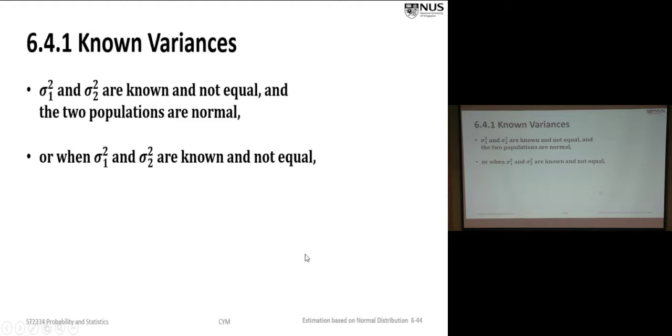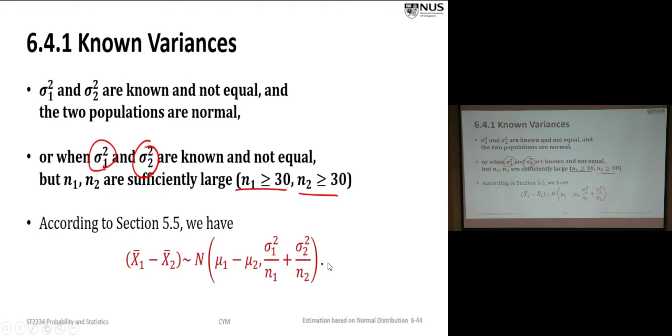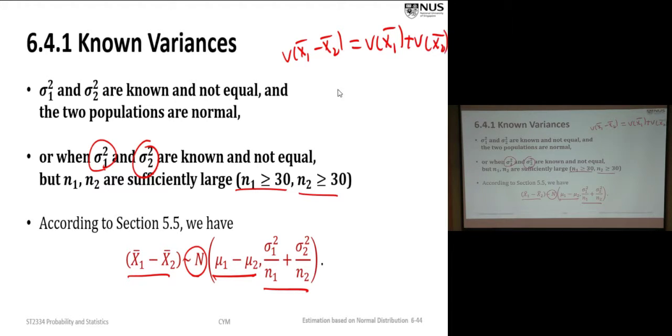the scenario. So when both variances are known, or the sample size is big, then we know that this follows a normal distribution with this as mean and this as the variance. Right? Variance of x1 bar minus x2 bar is equal to variance of x1 bar plus variance of x2 bar minus 2 times covariance of x1 bar and x2 bar.